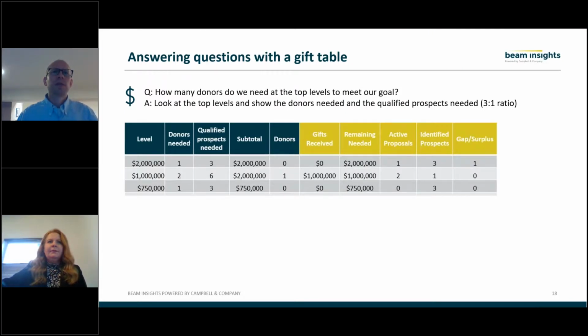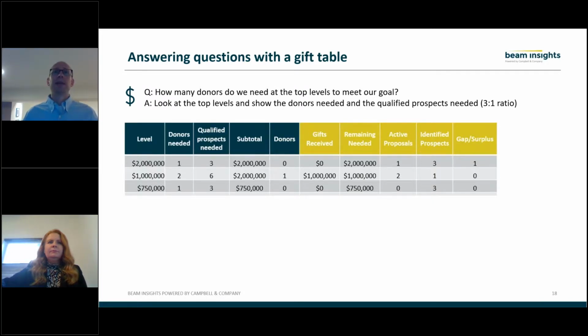All right, so the first question: how many donors do we need at the top levels to meet our goal? We find that very often chief development officers, presidents, executive directors, CEOs, et cetera, are really focused on understanding what is going to be the quote unquote heavy lift related to achieving our goal. That's why, as we move throughout this presentation, we encourage you to start at the top of your table and work down from there.